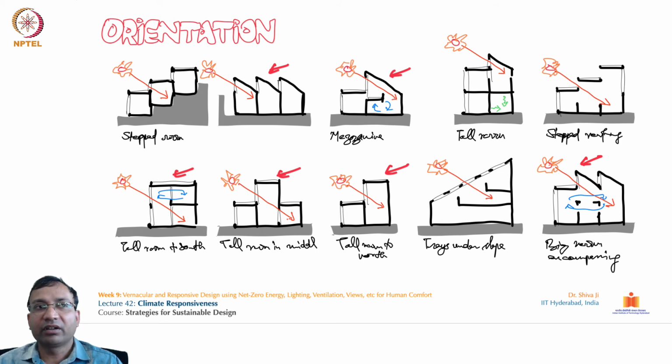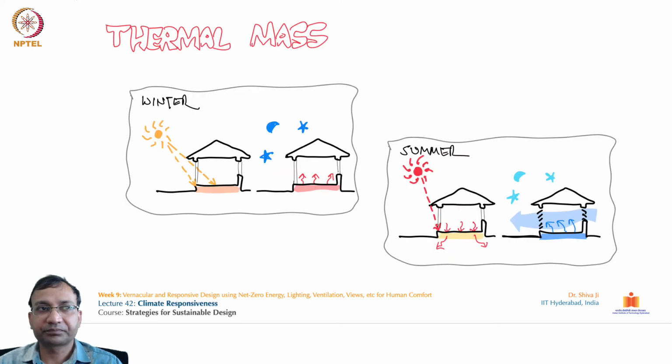So this is the staggered way of keeping the spaces in a layout, or maybe changing the roofing angle, or utilizing a combination of it, or going double height with it, or creating an entire roofing in a very staggered manner. So there could be n types of solutions possible in different conditions, and it depends on the topography of the land.